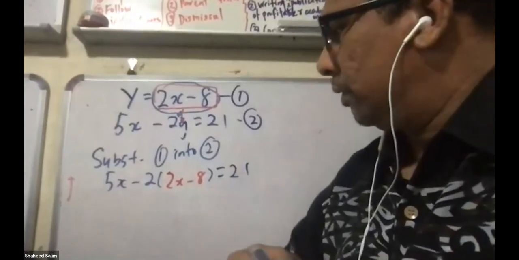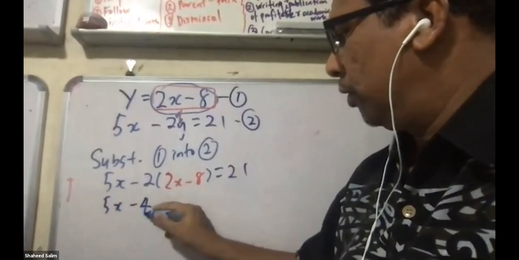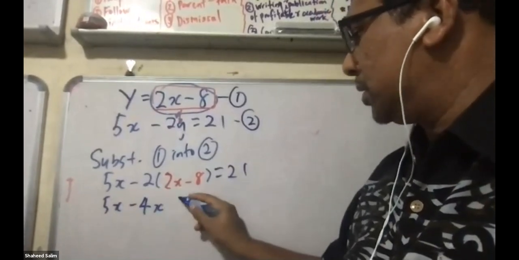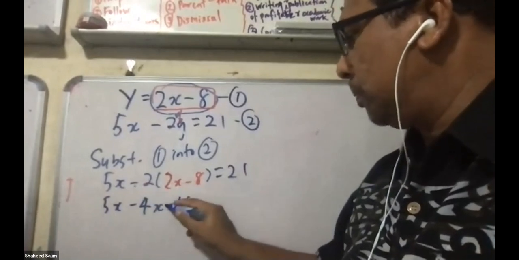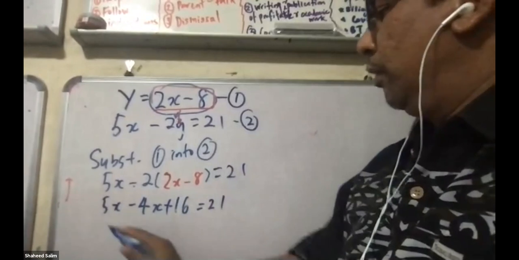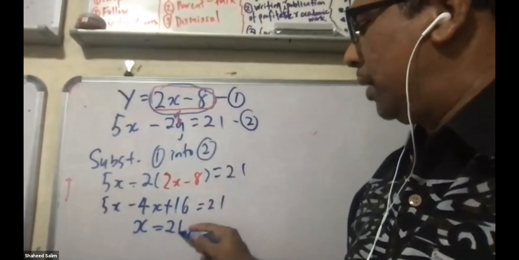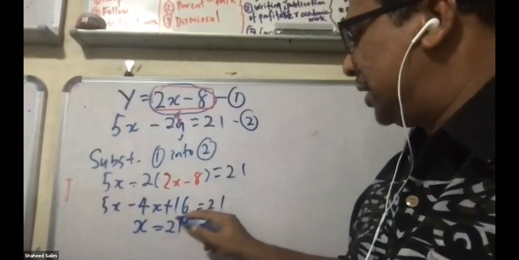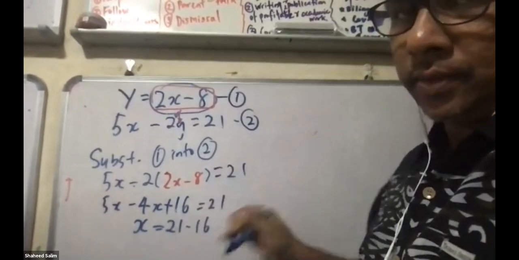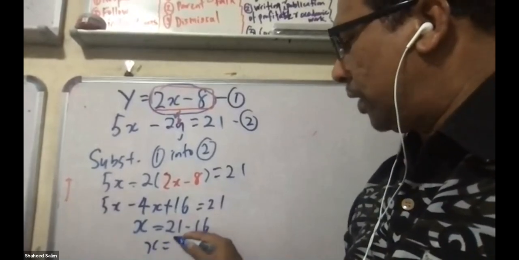So I expand: 5x minus 2 times 2x is 4x, 2 times 8 is 16, minus minus becomes plus, equals 21. 5x minus 4x is x. 16 you bring over that side. 21 minus 16, plus 16 brought over becomes minus 16. And then x equals 5.